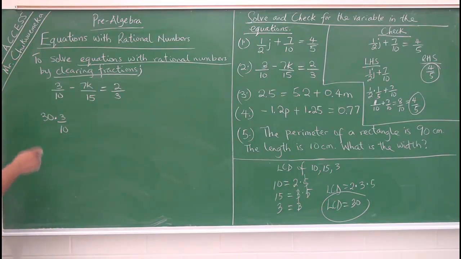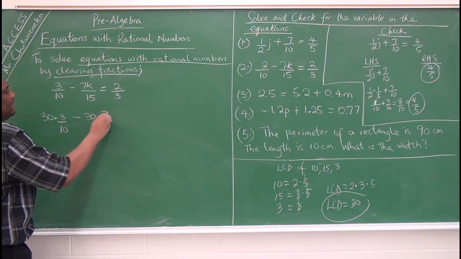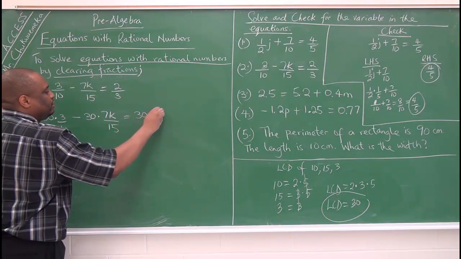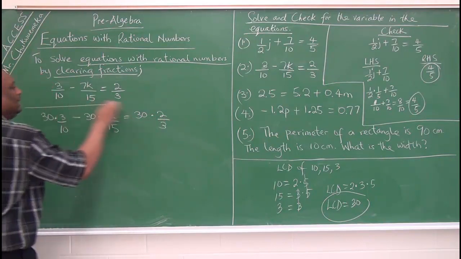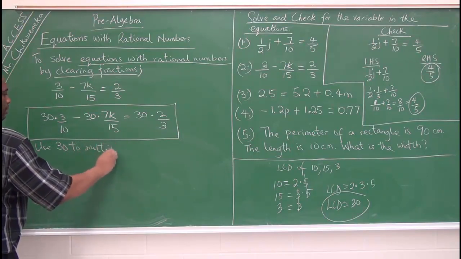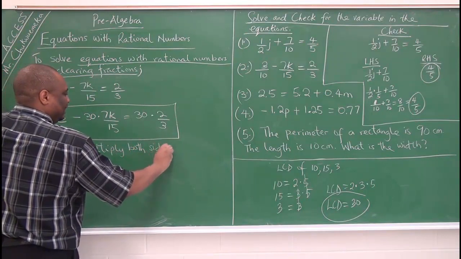So this will be 30 times 3 over 10 minus 30 times 7k over 15 equal to 30 times 2 over 3. This is using 30 to multiply all the terms. But if we want to use the distributive property, we just say use 30 to multiply both sides of the equation, that is the left-hand side and the right-hand side.